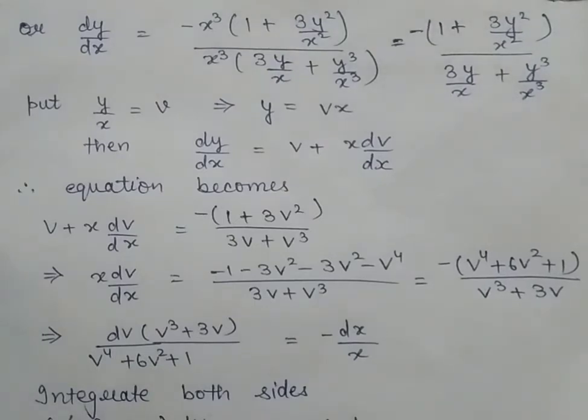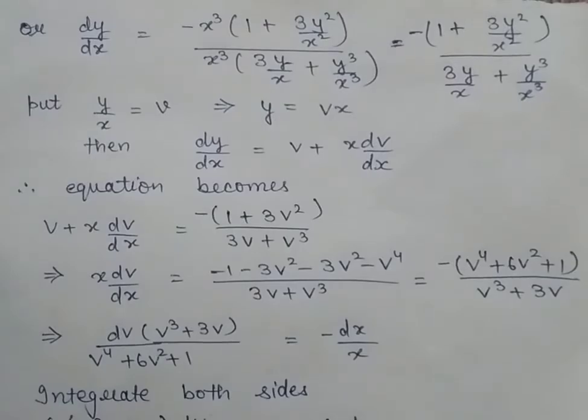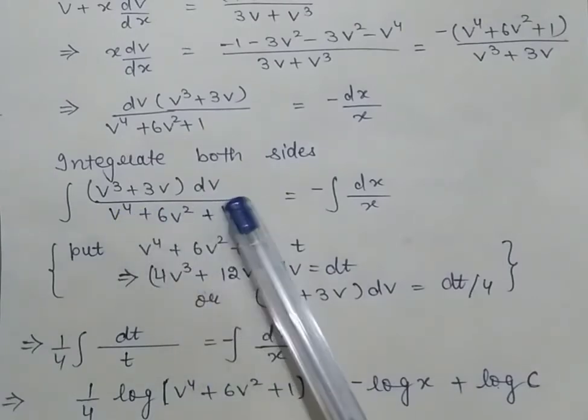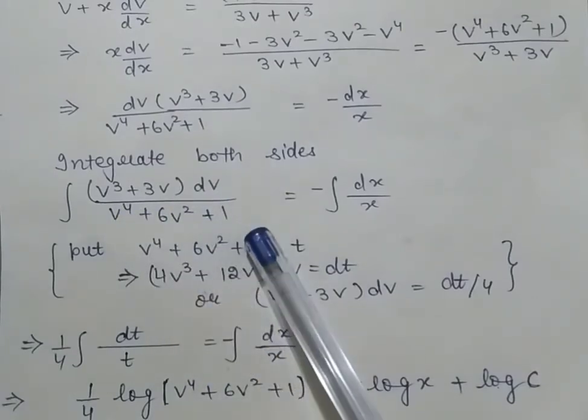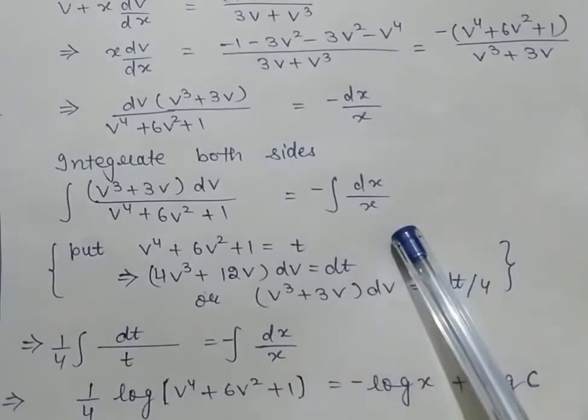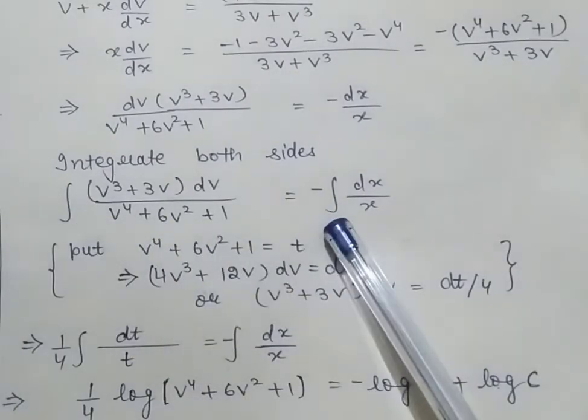Now we separate variables. We take v and dv on LHS and x and dx on RHS and then integrate. So this becomes (v cube plus 3v) dv divided by (v raised to the power 4 plus 6v square plus 1) equal to minus dx by x, and then we integrate.